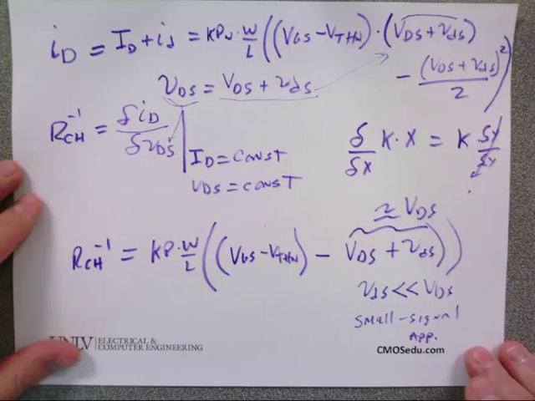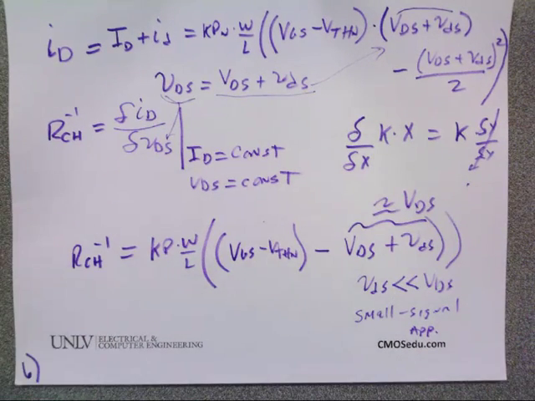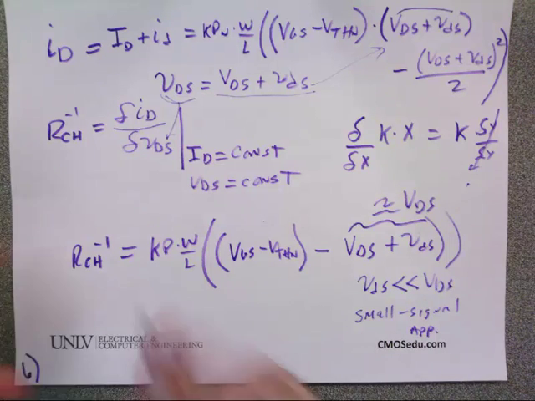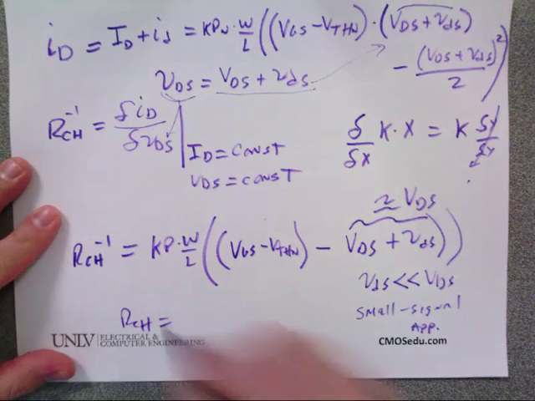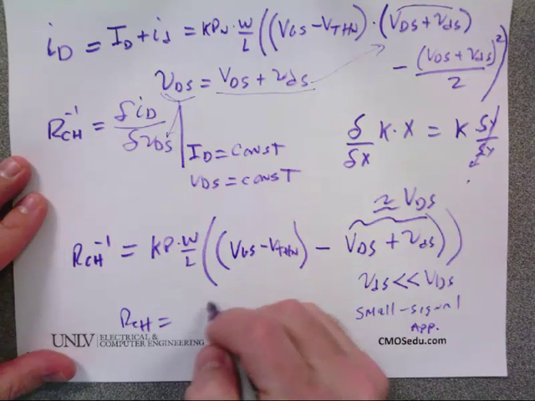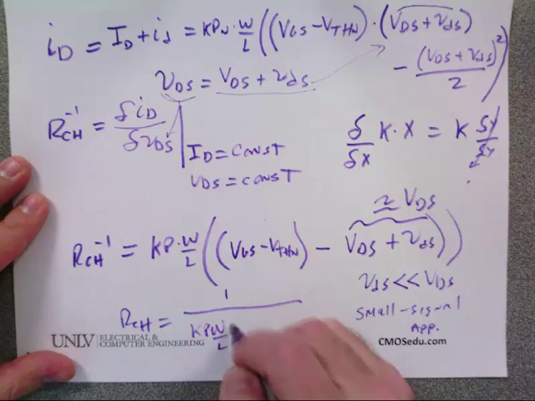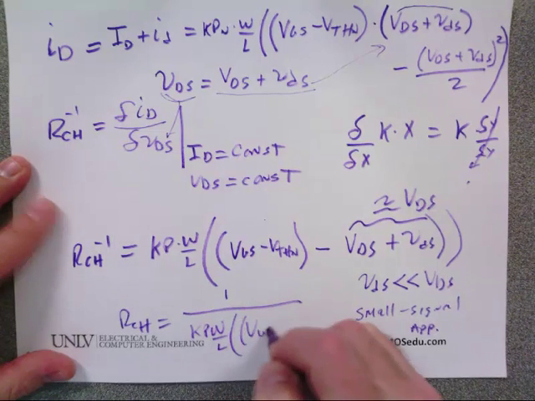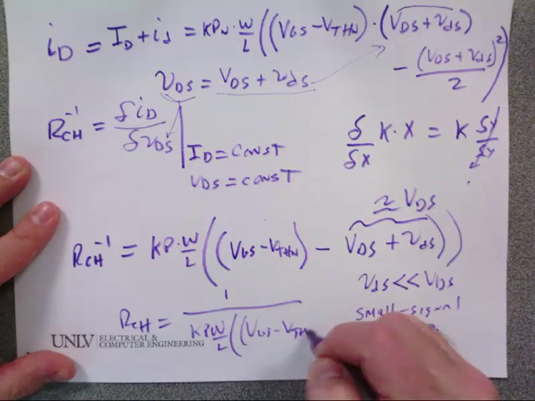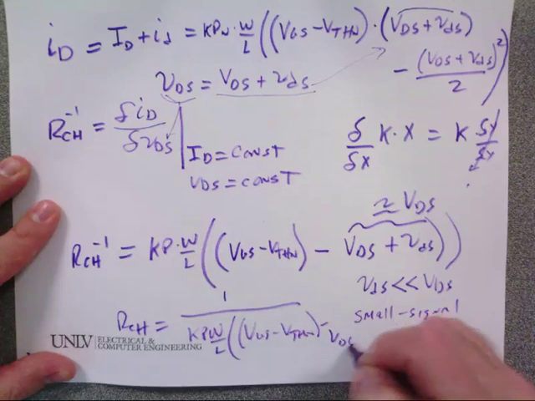And now you know why small signals, because they only work with small signals and you're linearizing around a point. So I'm going to rewrite this as our channel is equal to 1 over Kp W over L times VGS minus V threshold N minus VDS.